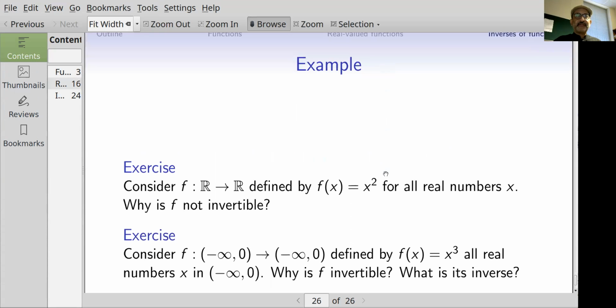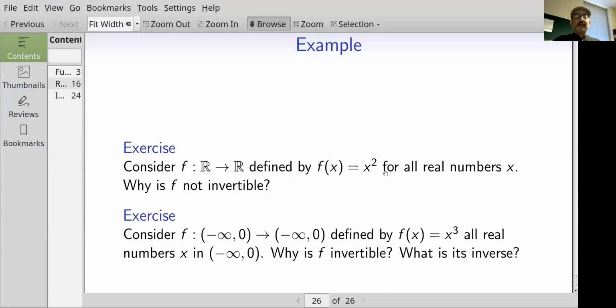Okay, so for example, f maps reals to reals and is defined by f of x is equal to x squared. This is not invertible. Now, why isn't it invertible? Well, one reason is that, as we saw before, that map is not onto the reals.